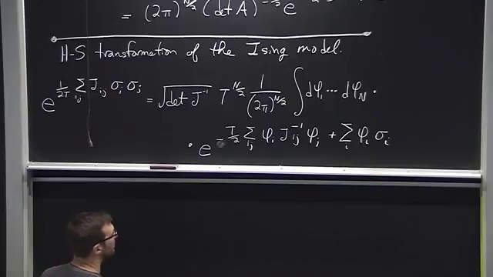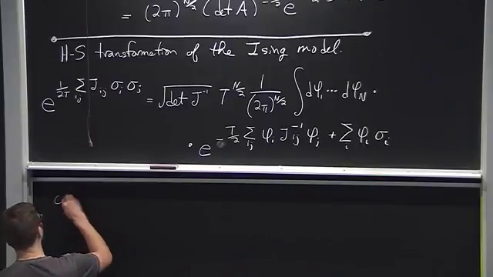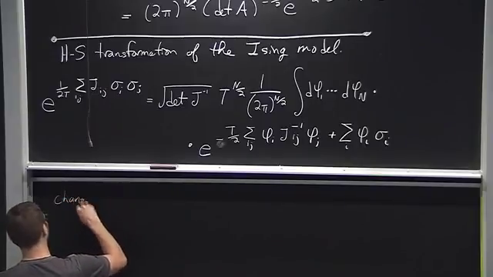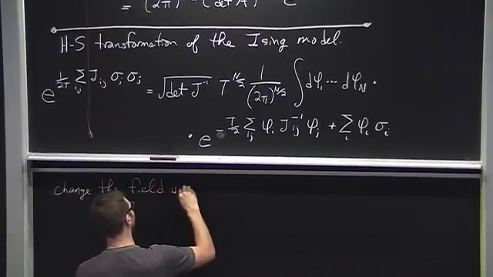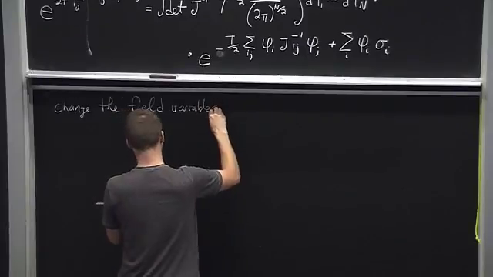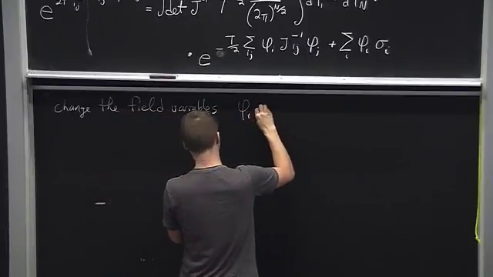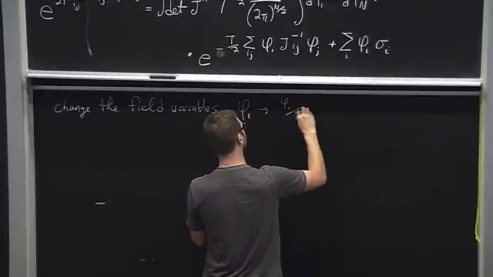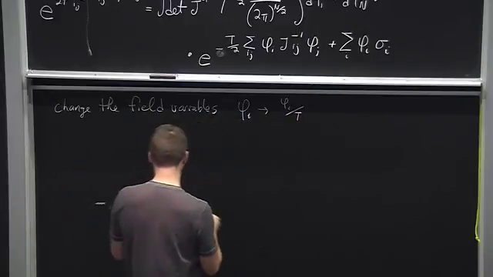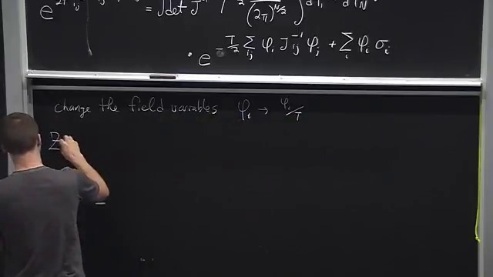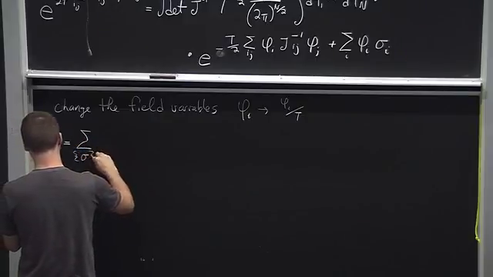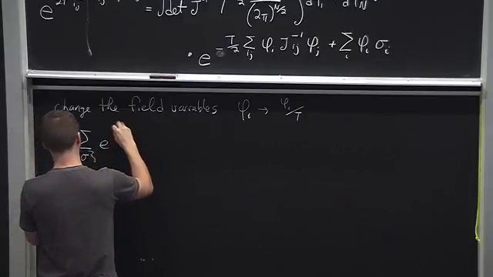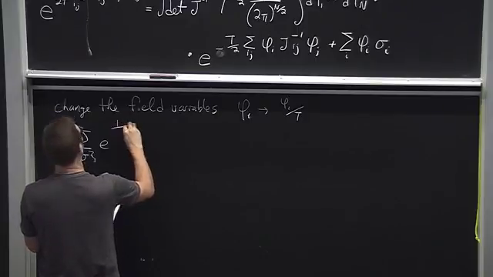So let me start doing a few manipulations on this. Let me change the field variables by just scaling out t. And then I'll write the full partition function, which remember has that trace. 1 over 2t.